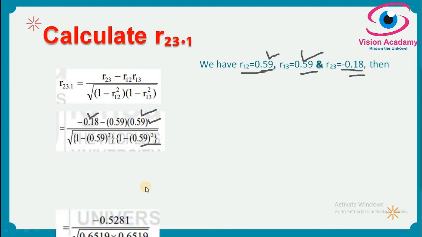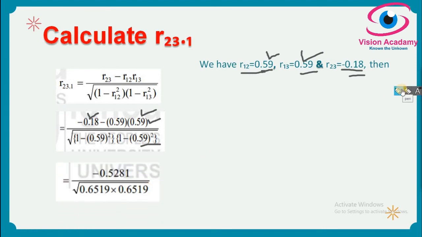For the next step, firstly we will multiply 0.59 into 0.59, and for the next step here we have R23 value as minus, and this value is also minus in the formula. So minus into minus, which will be added. So for the next step, minus 0.5281.